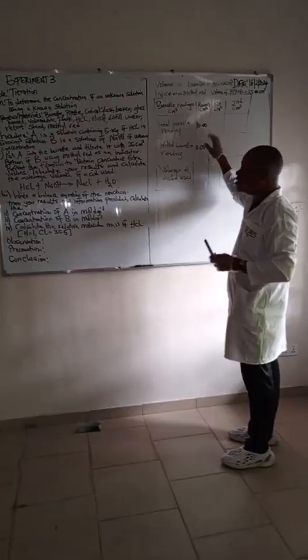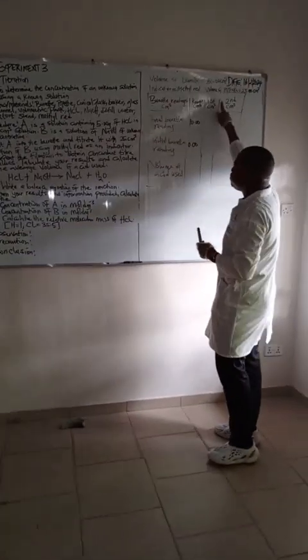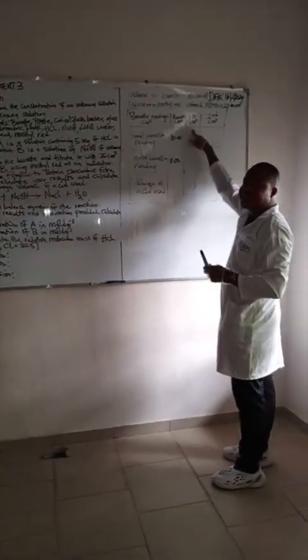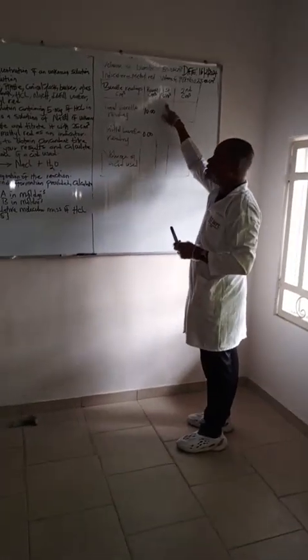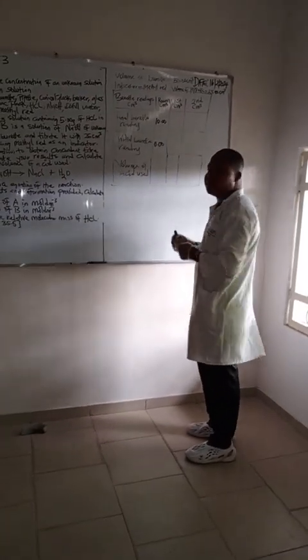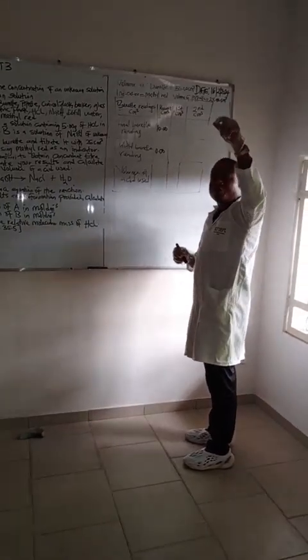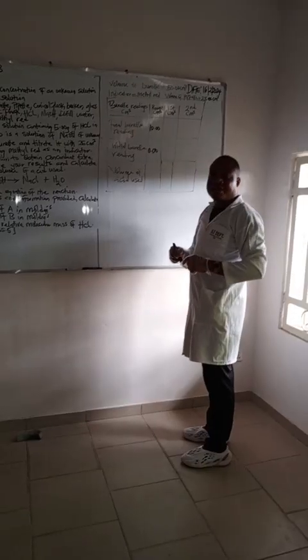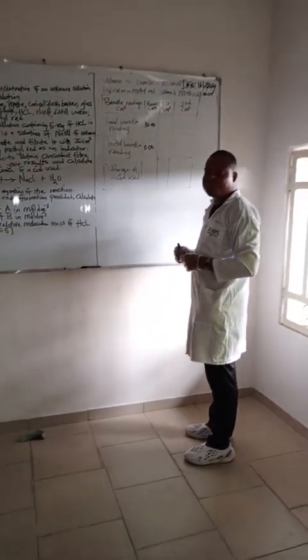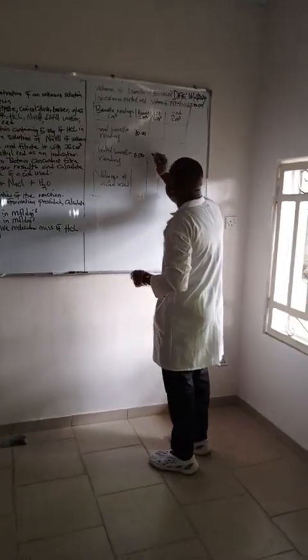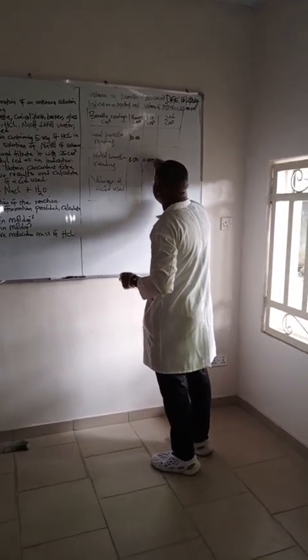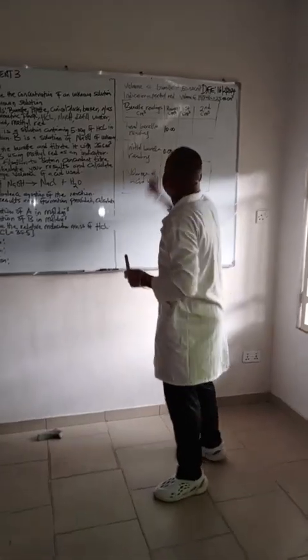Now, we'll go to the first titration. We'll start again. I'm going to fill up the burette to the 0 mark, just for accuracy's sake. I'll take it again from 0.00 in the first reading.